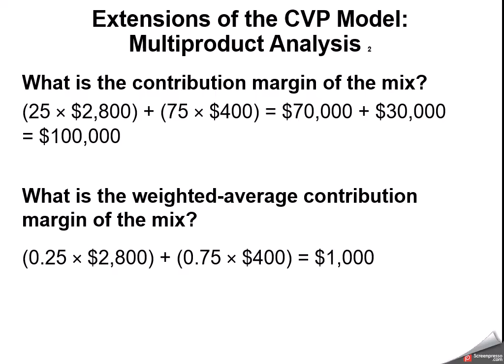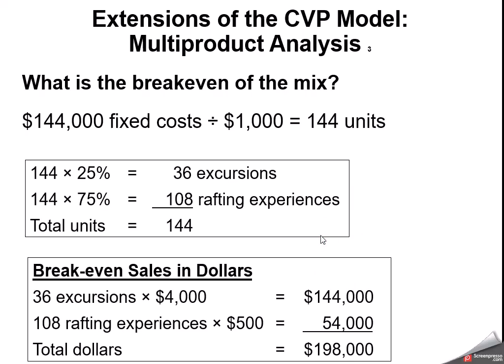The 25% times the 2,800, 75% times that 400, our weighted average contribution margin then would be 1,000. So again, the one is higher because it's a higher price, and the other one obviously is the lower price.